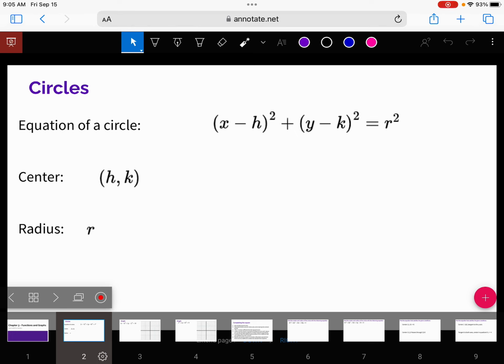Equation of a circle: (x minus h) quantity squared plus (y minus k) quantity squared equals our radius squared. This h and this k give us our center. It's the h and the k.